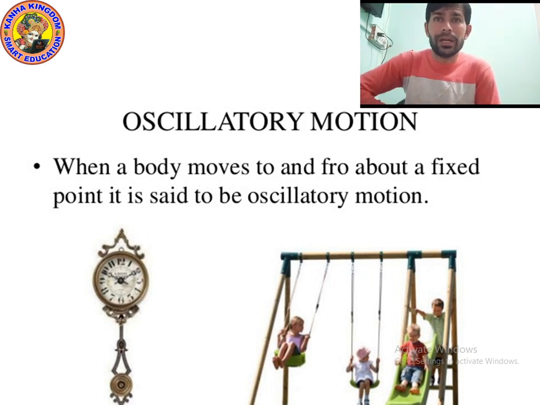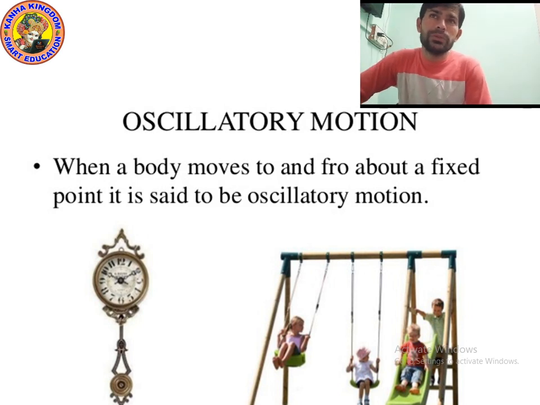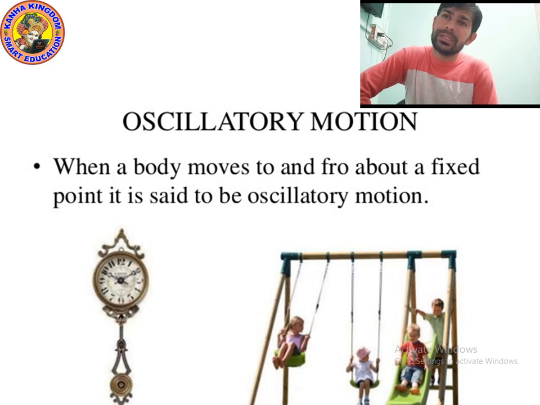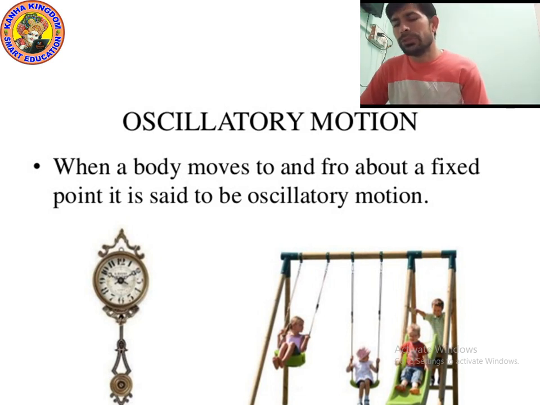But in vibratory motion the whole object does not show to and fro motion, while in oscillatory motion the whole object does. But according to your book, the vibration of a guitar or playing music on an instrument like a tabla shows the oscillatory motion, or you can say the vibratory motion.